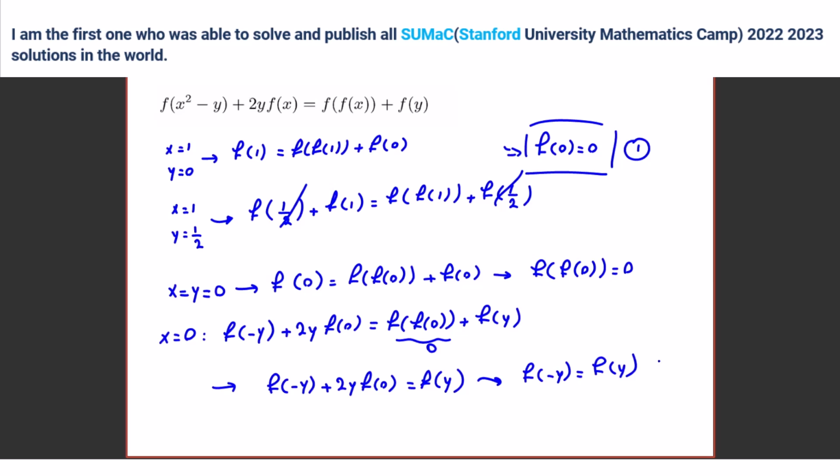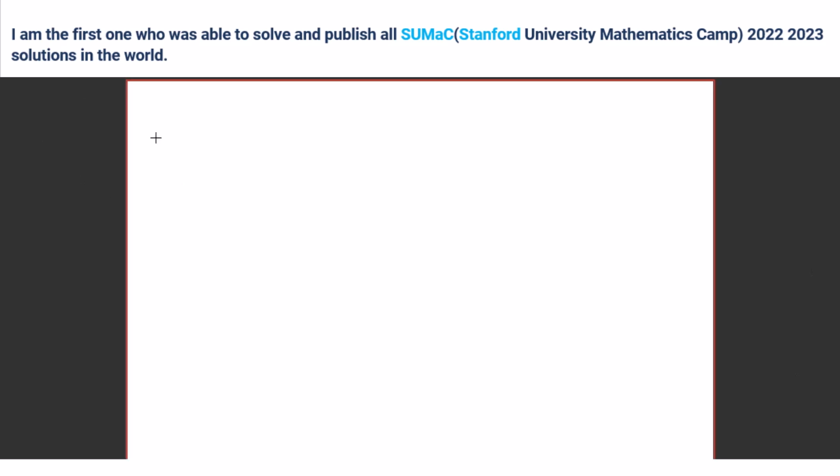It's not a new result. So the second one is this. You only proved these two things. Now we checked x is 0, now we should check y is 0.